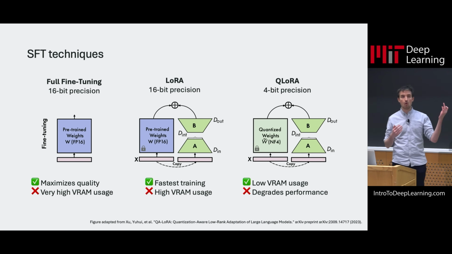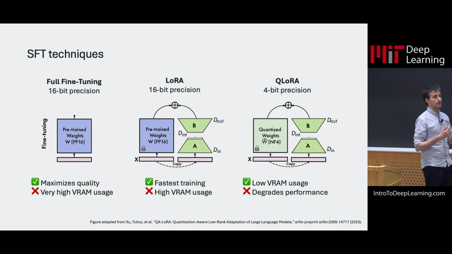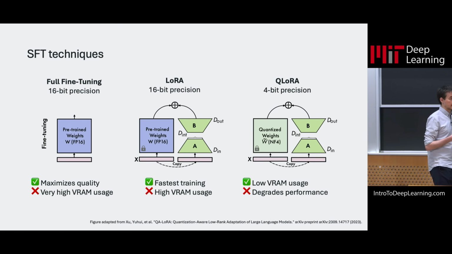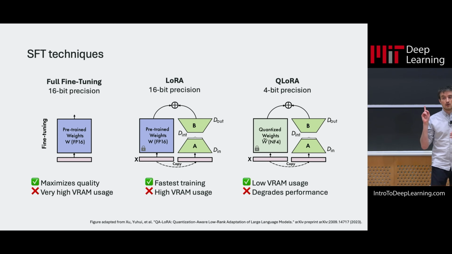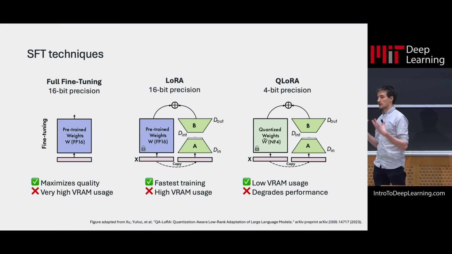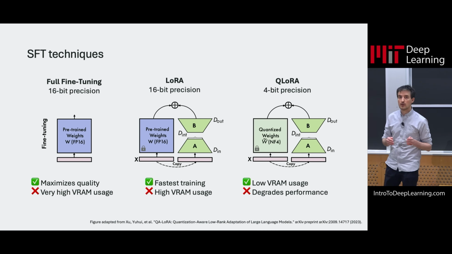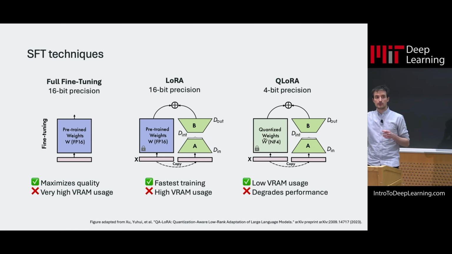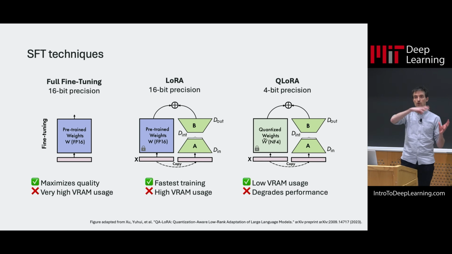So a more approachable solution is to use parameter-efficient techniques like LoRA. LoRA is really nice because instead of retraining the entire model, you will just load the model, but you will add adapters, so these matrices A and B. And instead of training the model, you only train these matrices.